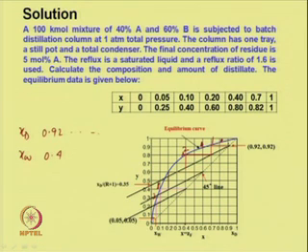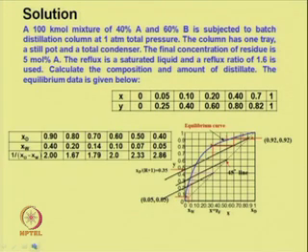So, we could obtain 0.4 and 0.05. This is the x d and x w data. Drawing several similar parallel lines, we have obtained x d and x w values, from which we have calculated 1 by x d minus x w. These are the values of 1 by x d minus x w.